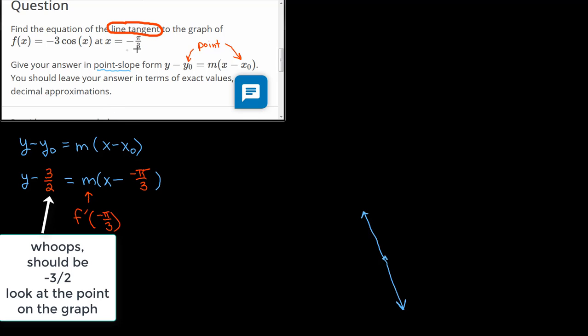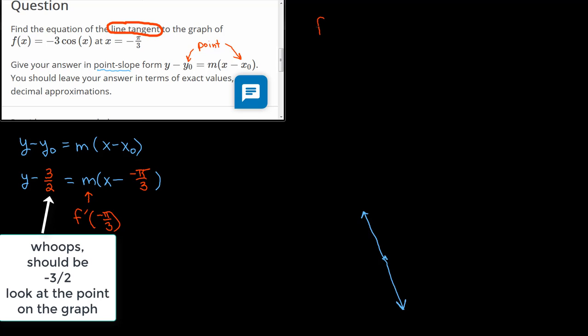And so our x is negative pi over 3, so our m is going to be f prime of negative pi over 3. So we need to figure out what that is.